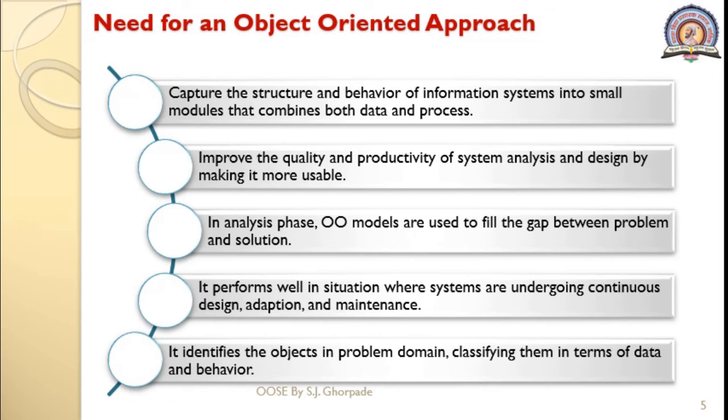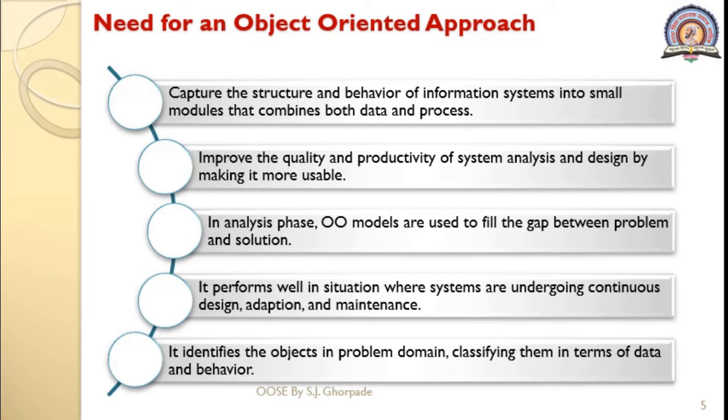It identifies the objects in the problem domain and classifies them in terms of class and behavior. So for the problem domain, the basic thing is we have to identify the necessary attributes and objects, and based on those objects we have to define what data will be required and how the object will have behavior, that is the methods. In an earlier presentation, I gave the example of a library system.